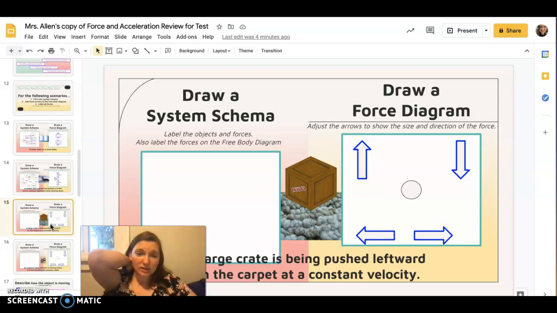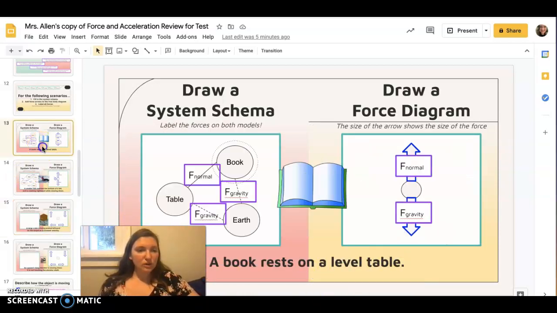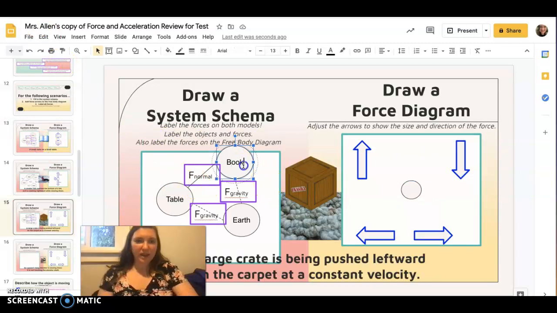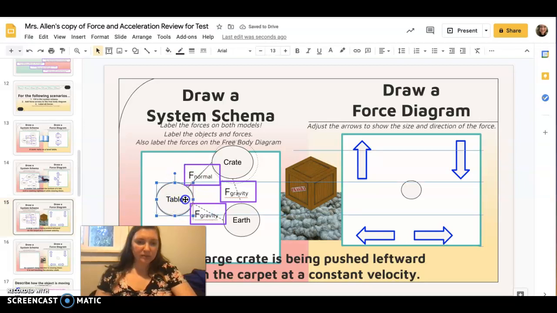Okay, so system schema for this one, we are looking at a large crate that is being pushed leftward on the carpet at a constant velocity. So I'm going to go ahead and copy a lot of this real quick. I'm going to change this to crate as the object of focus. This is going to be the carpet.